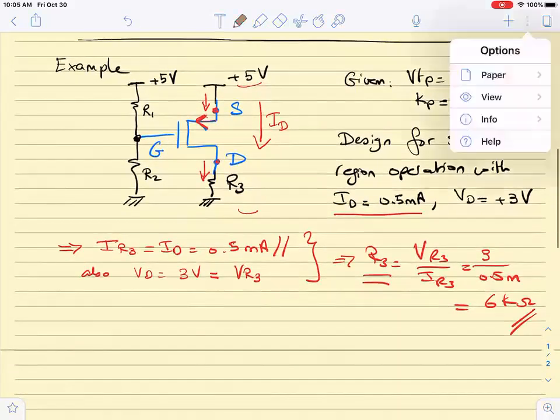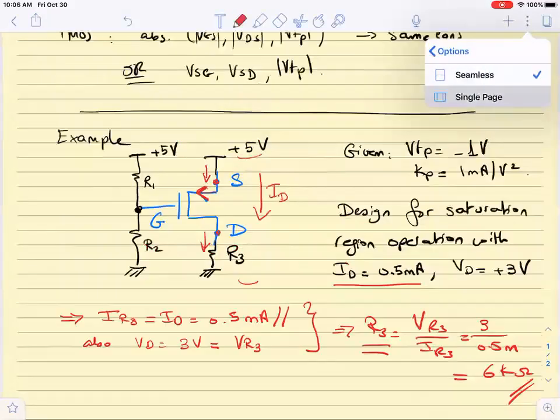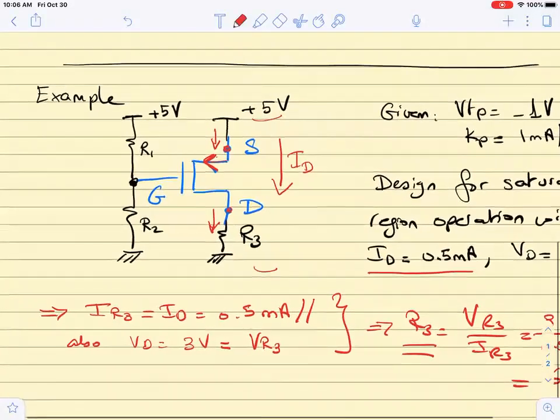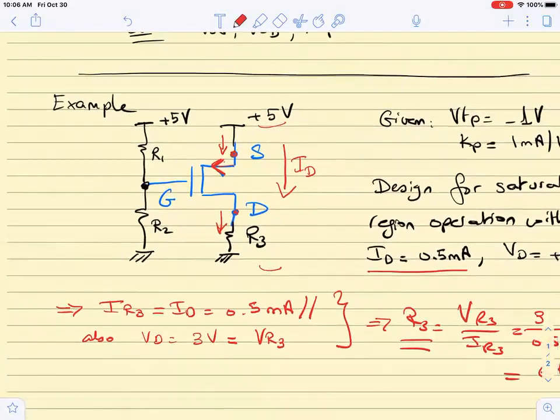Okay. So the next thing that we want to design for is we want to design for R1 and R2. Let us inspect the circuit a little bit. To find R1 and R2, I need to solve something on the gate side, right? And let us inspect how the currents are flowing at this node.